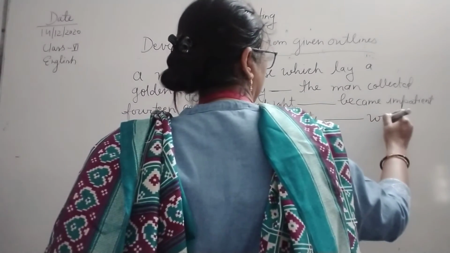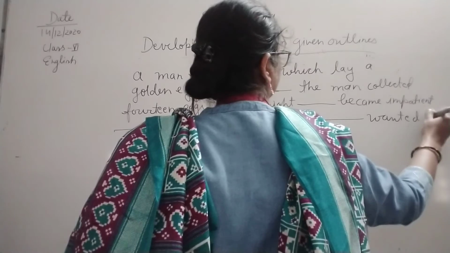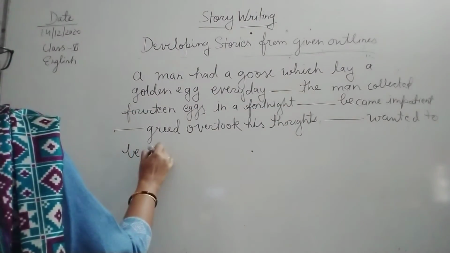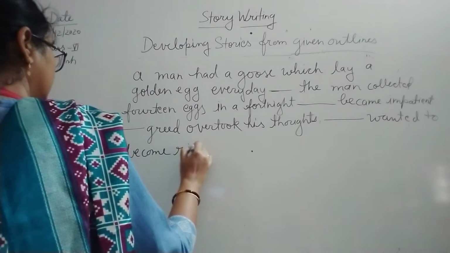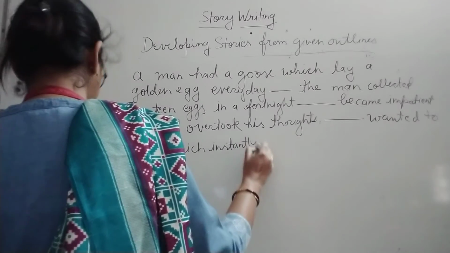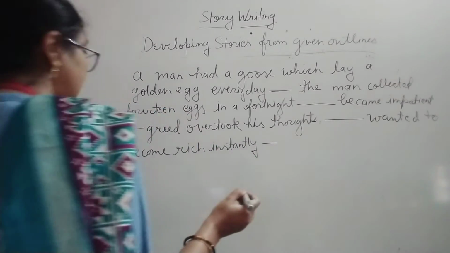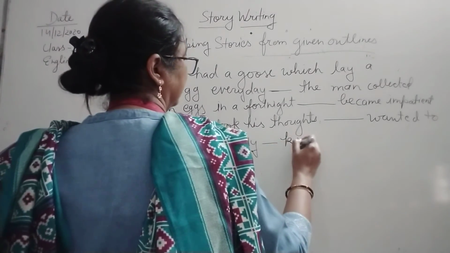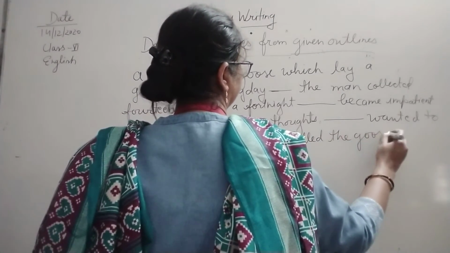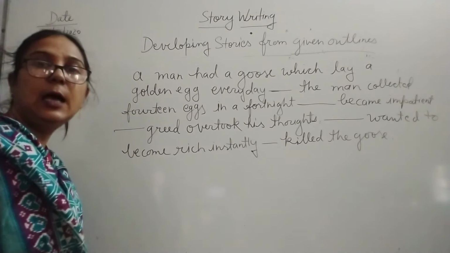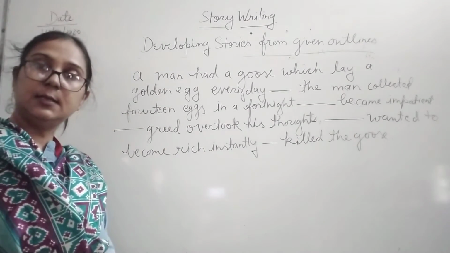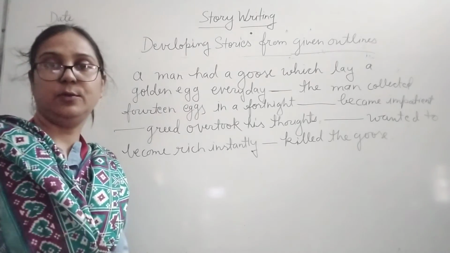He wanted to become rich instantly, and killed the goose. Now children, these are the outlines and you have to write a short story on this.